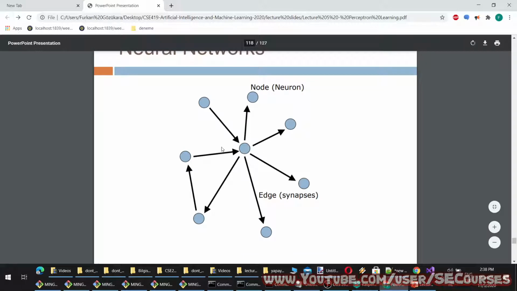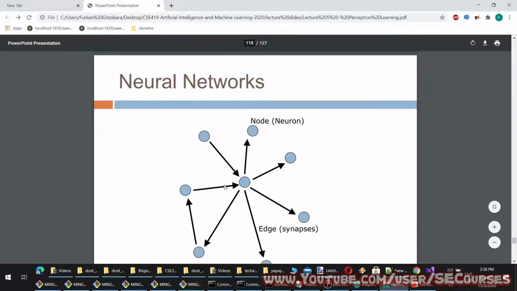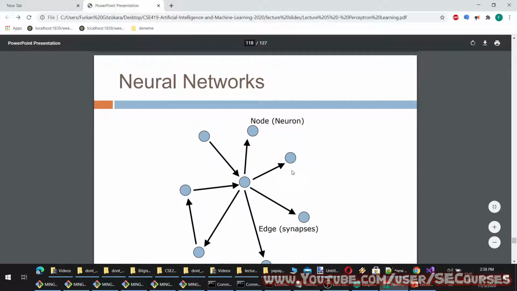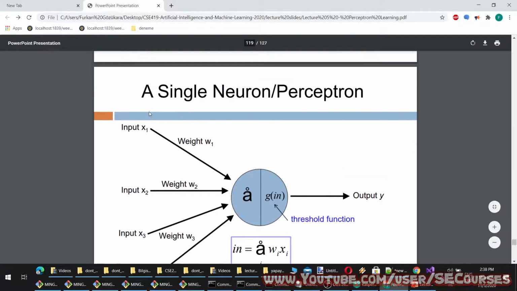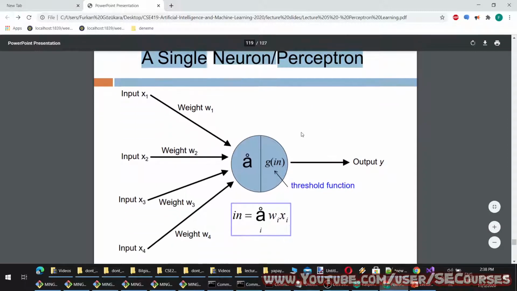So you see each neuron is stimulated by many neurons, and some of those neurons determine whether it fires or not, and this is the single neuron perceptron. A single neuron, perceptron. So that is why we call it a perceptron. You see there are inputs x1, x2, x3, x4, and each one has weights.